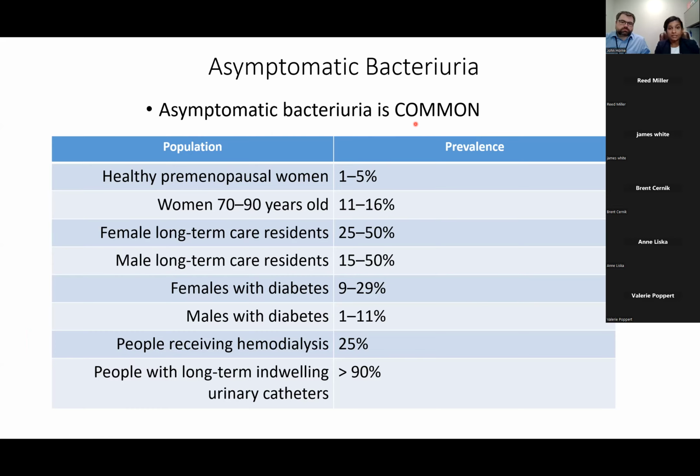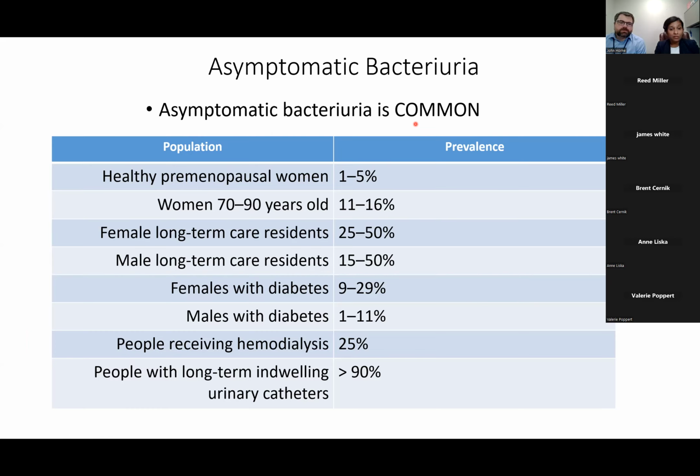If you're female, 70 to 90 years old, it could be anywhere between 10 to 15, 16%. Female with long-term care residency: if you live in a long-term care facility, then your chance of colonization goes up to 50%.